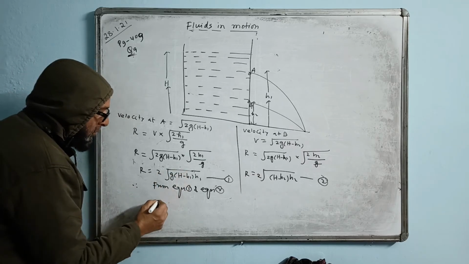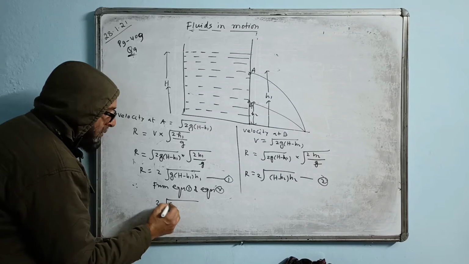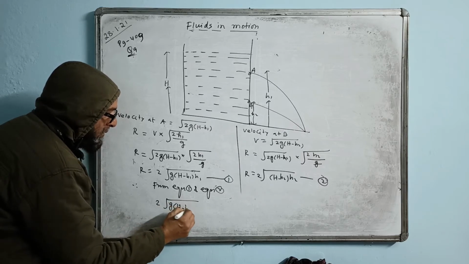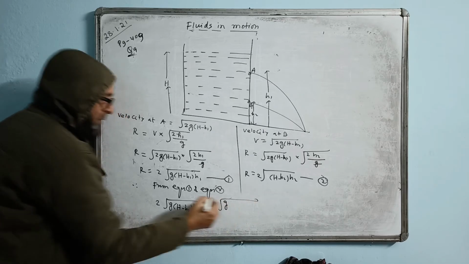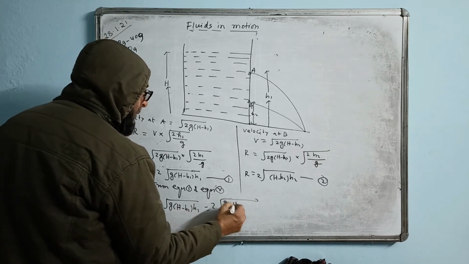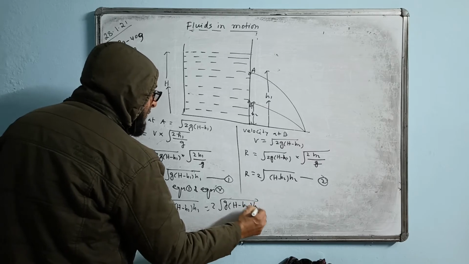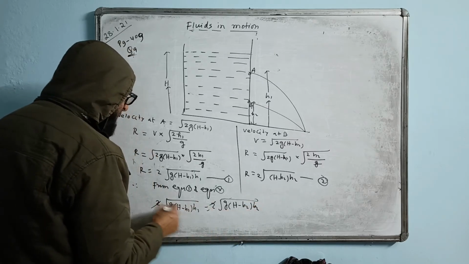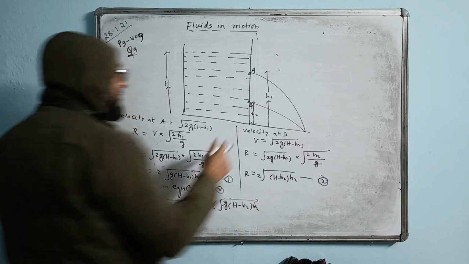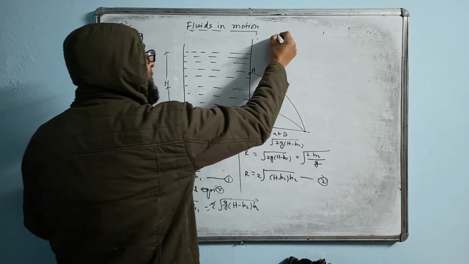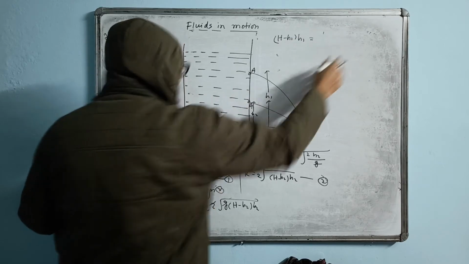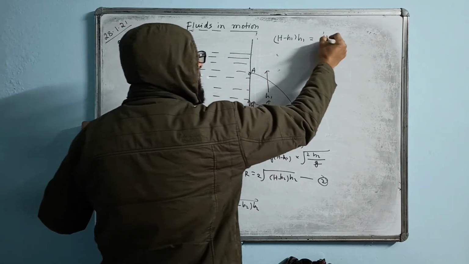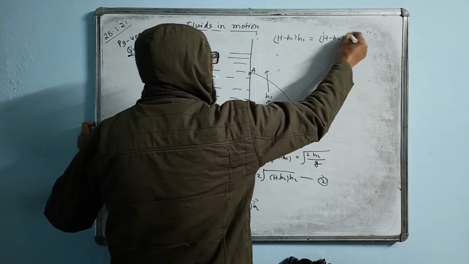You can write twice root of g(h minus h1) into h1 is equal to twice root of g(h minus h2) into h2. 2 cancels, g also cancels, squaring both the sides, now you have the answer coming as (h minus h1) into h1 is equal to (h minus h2) into h2.